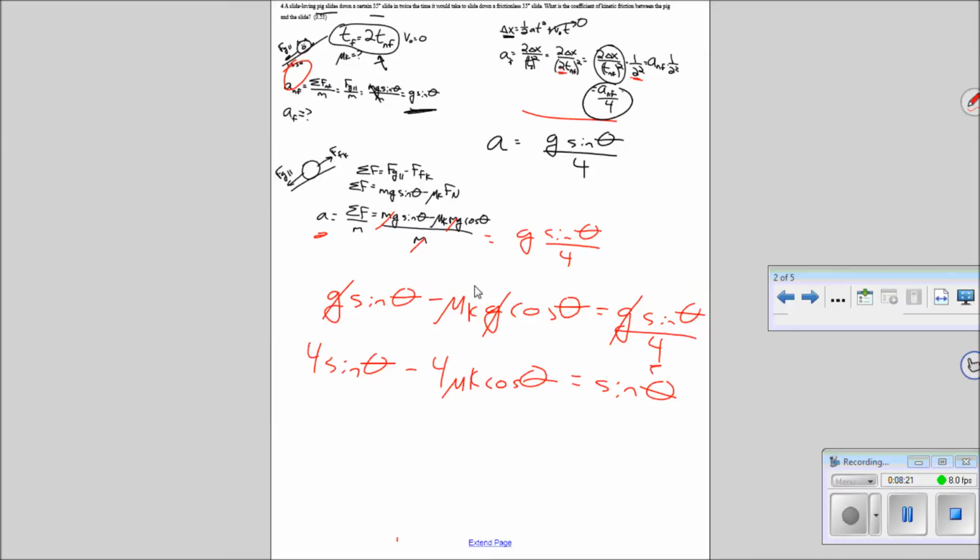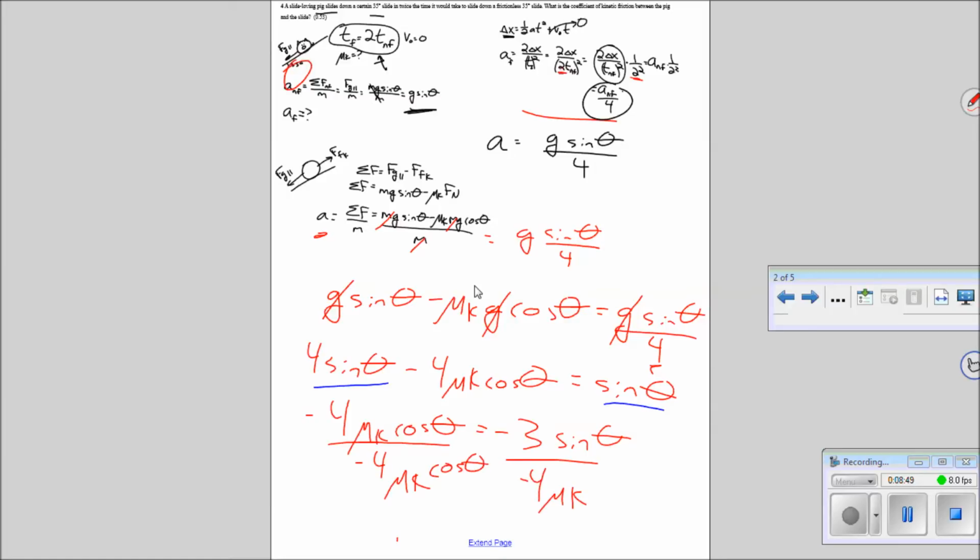So let's subtract 4 sine theta from both sides. So you get negative 4 mu k cosine theta equals, over here I've got sine theta, and I'm going to subtract 4 sine theta, so I'm going to get negative 3 sine theta. So then just divide both sides by negative 4 mu k. Oh, and by cosine theta. No, what am I doing?